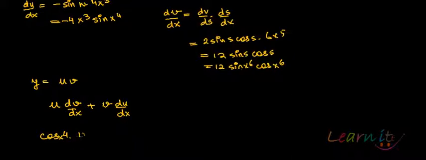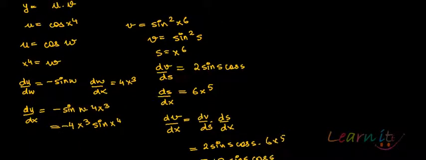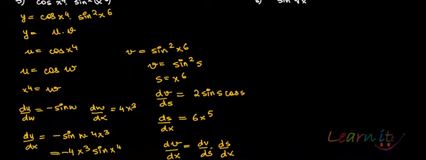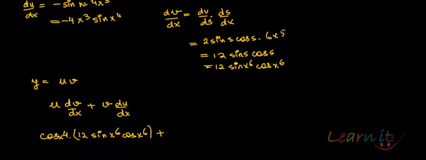This one, 12 sin x to the power 6 cos x to the power 6. What is v? V is sine square x to the power 6. And what is du by dx? Minus 4x cube sine of x to the power 4. This is what you have as dy by dx.